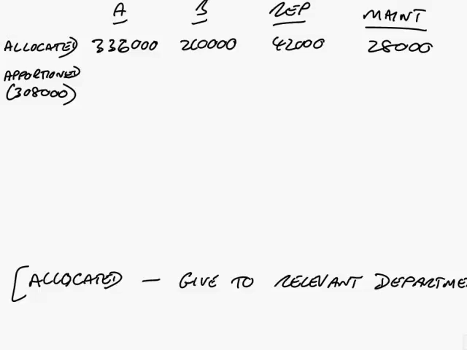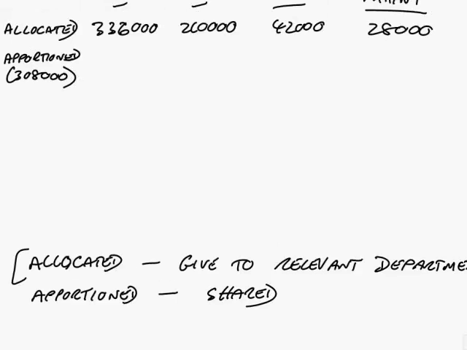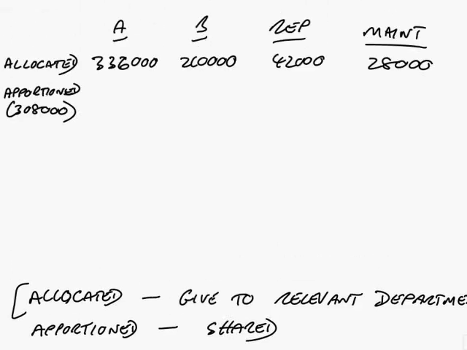Check me. But 40% of 308,000 goes to Department A. I think 123,200. 30% to Department B, which is 92,400. 20% to repairs.